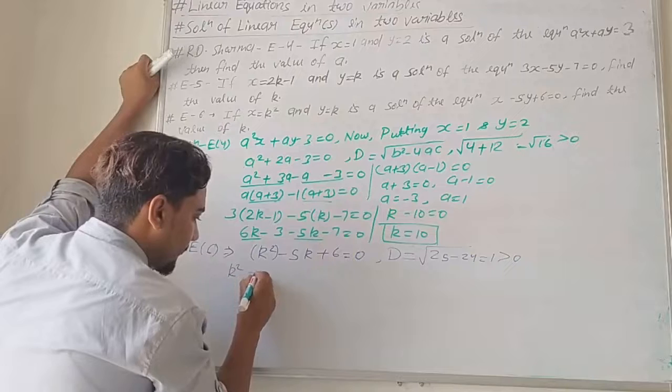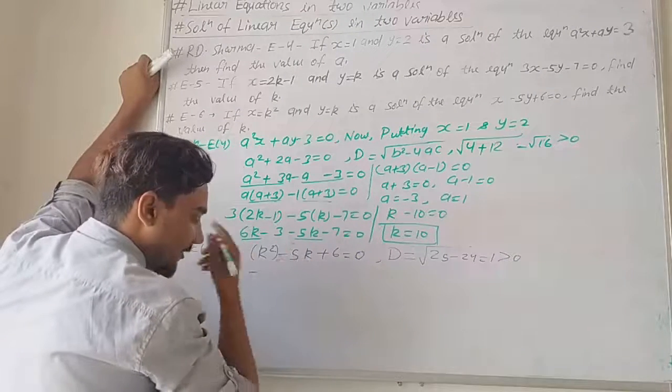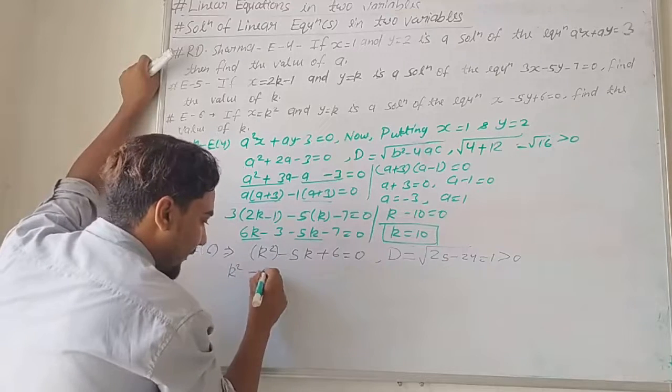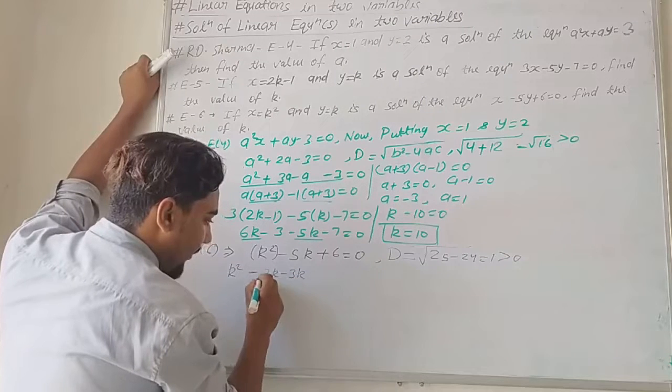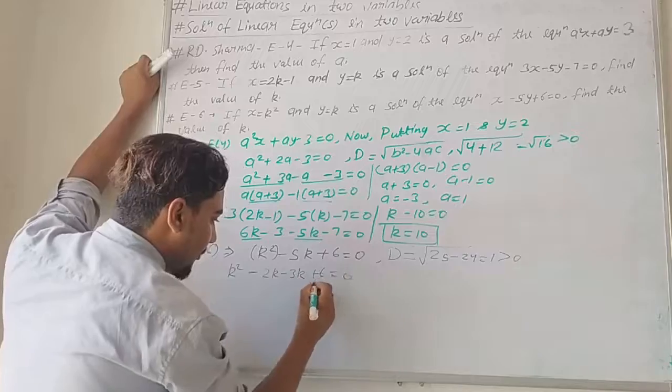add, 2 3s are 6, 6 into 1 is 6, 2 3s are 6, minus 2k and minus 3k is minus 5k, minus 2 into minus 3 is plus 6 equal to 0.